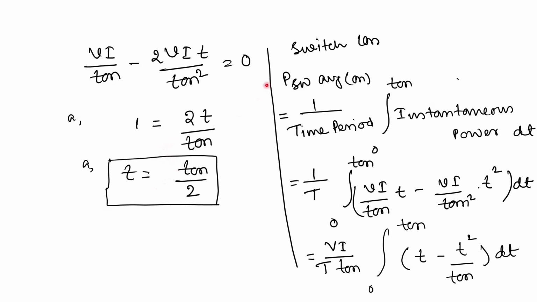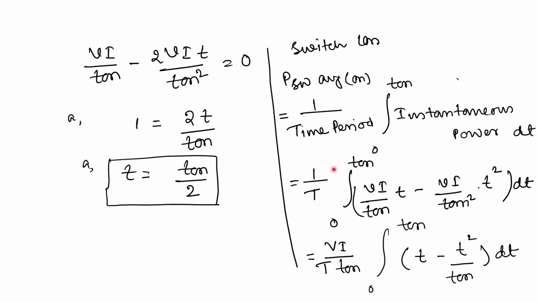Now coming to the switching loss. We will calculate the average switching loss in the on state. It is 1 by time period, integration from 0 to t on. Here we are considering the t on time period, what the power loss will be: 0 to t on instantaneous power into dt.